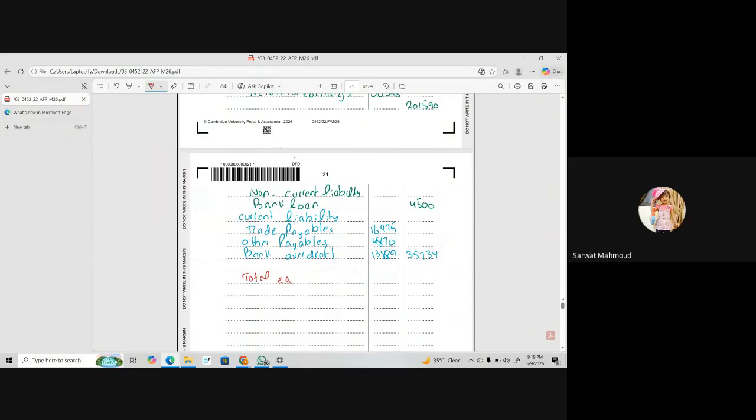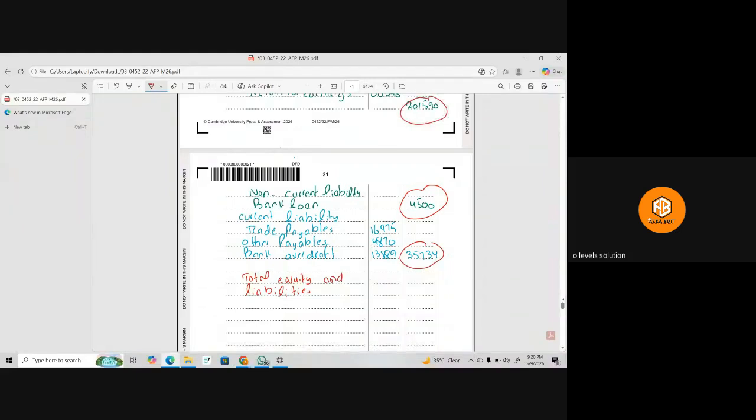So now let's calculate the total equity and liabilities. What we need to do is very simple. We will put this with this: 201,590 plus 4,500 and 35,734.